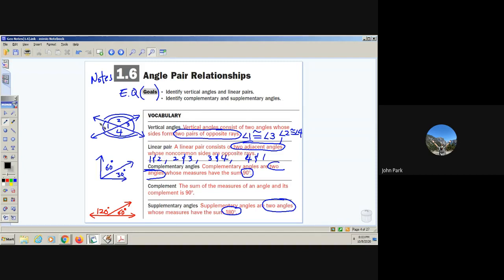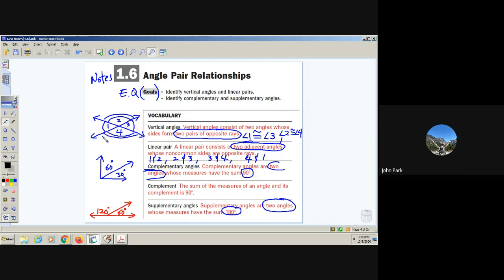If you look at angle 1 and 2, they're adjacent, and this is the common ray in the middle. The non-common sides are these two rays here, and they form opposite rays, or a straight line. Remember, opposite rays form a line, right?